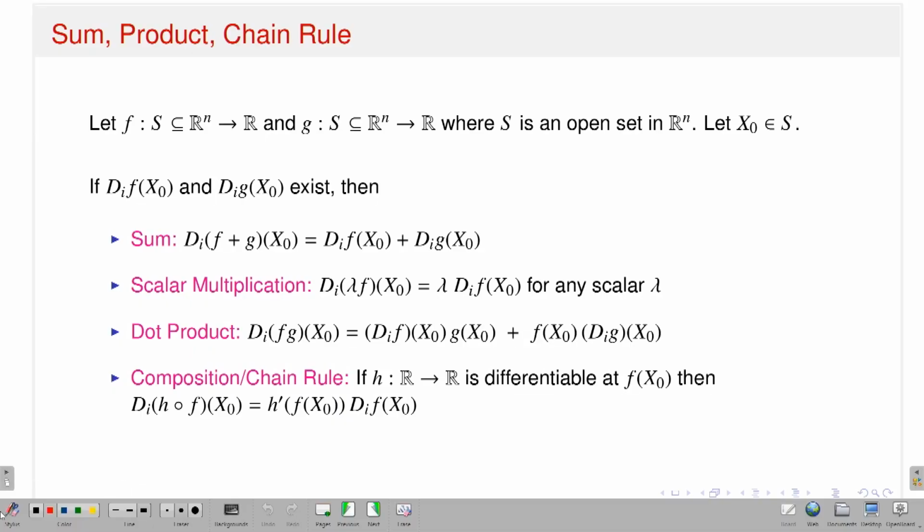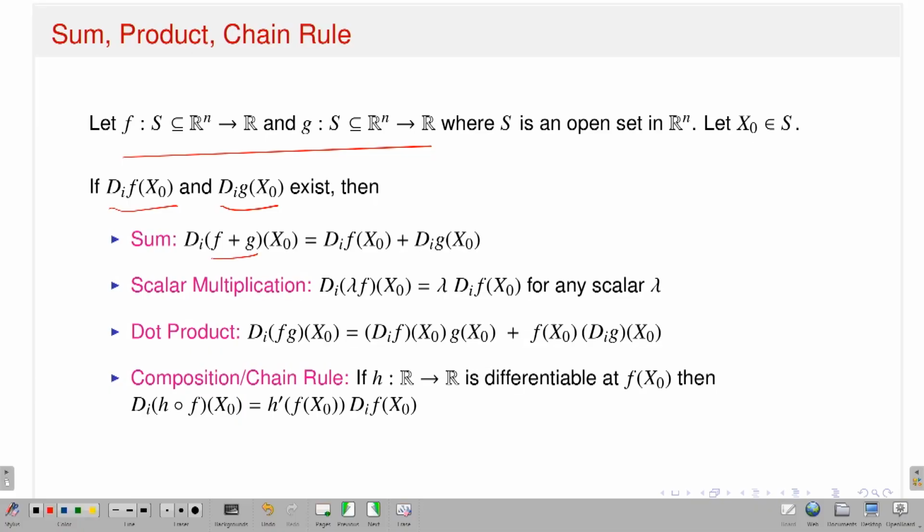This I already discussed in my last lecture, some sum, product and chain rule kind of thing. That means, if I have two functions f and g, both defined from some open set in Rn to R, and the partial derivative of f with respect to xi at x naught exists, and the partial derivative of g with respect to xi at x naught exists, then what can I say about the sum, and what can I say about the product?